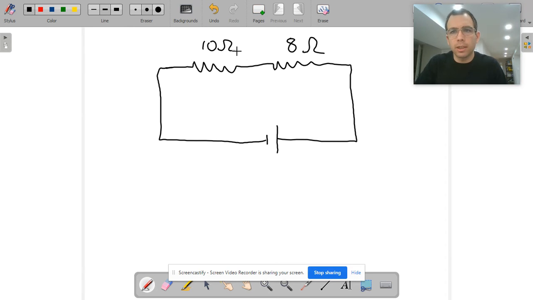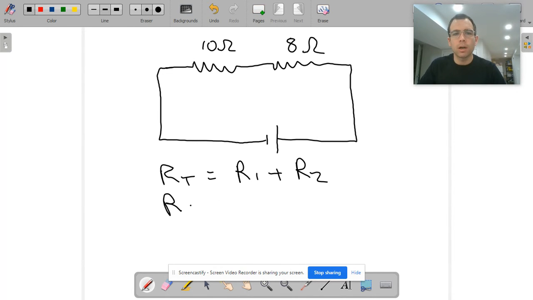Because they're in series, the electrons would encounter two resistances as they go through the circuit. The first one being 10 and the second one being 8. Because they have to go through both, there's no choice to go around them. It's fairly easy to find the total resistance. So we say RT is equal to, in this case, R1 plus R2.